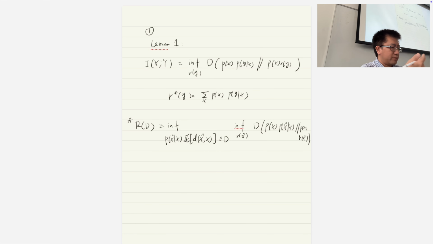Then we turn a problem from one variable into two variables. So we have this variable and this variable.